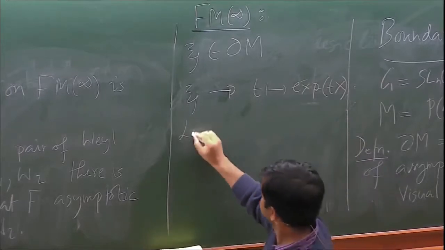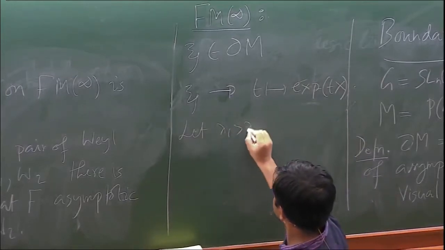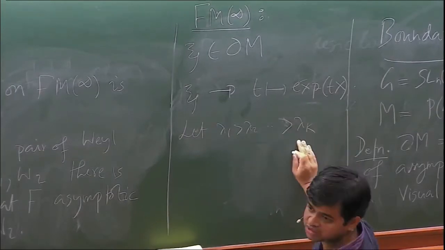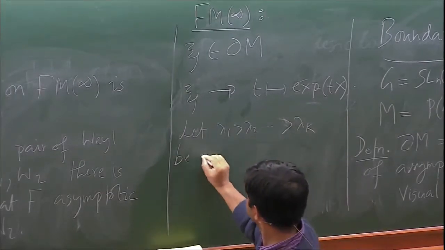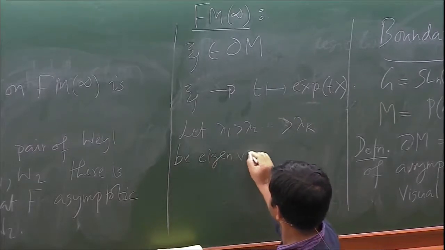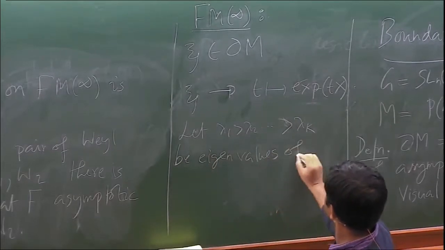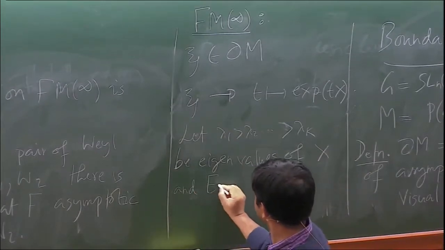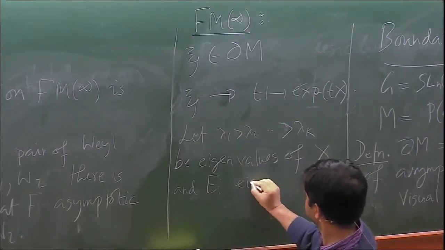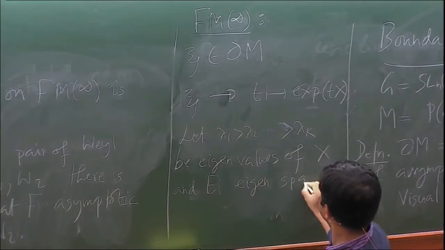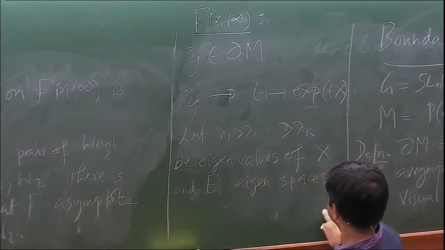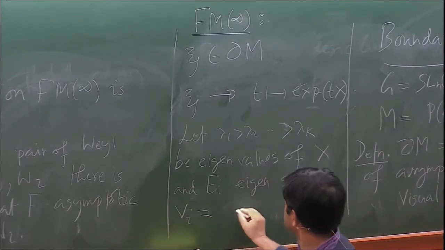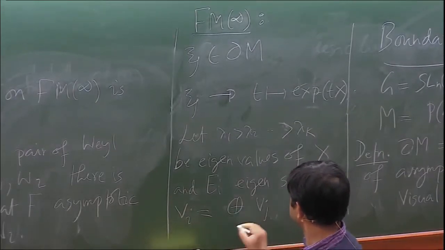Now let lambda 1, lambda 2, up to lambda k be the distinct eigenvalues of X in decreasing order, and let E_i be the corresponding eigenspaces. Then you define V_i to be simply the direct sum of E_j, j less than or equal to i.